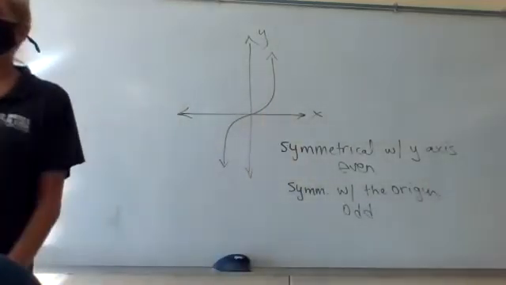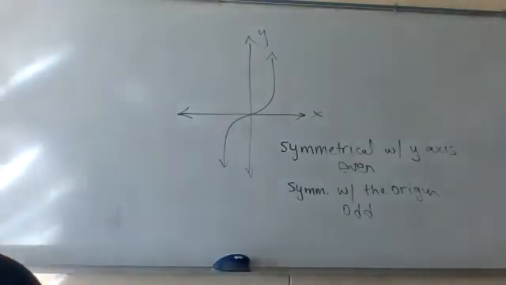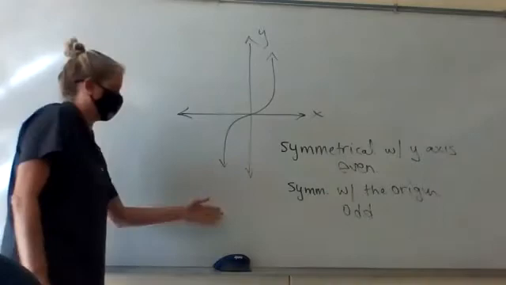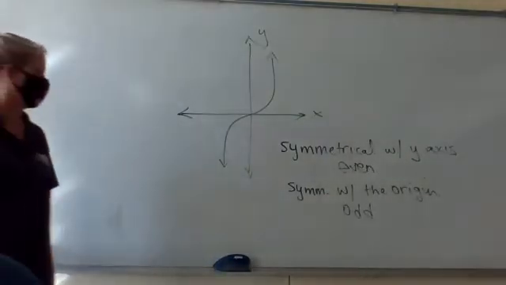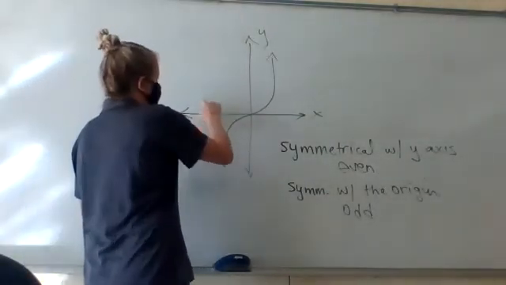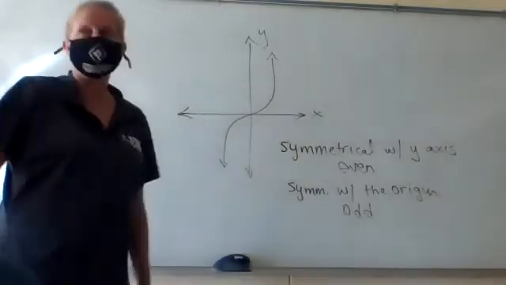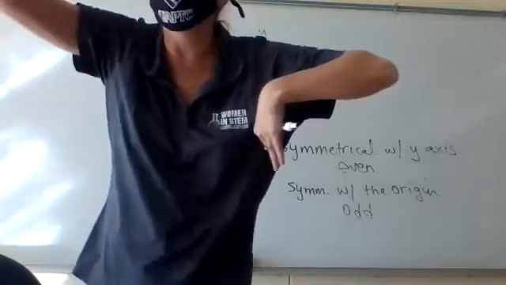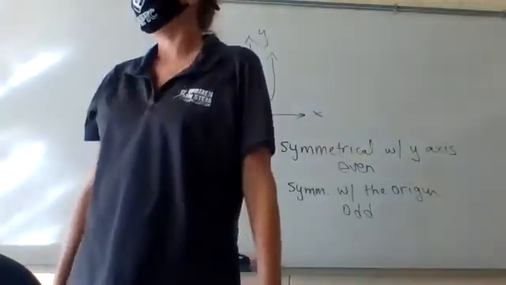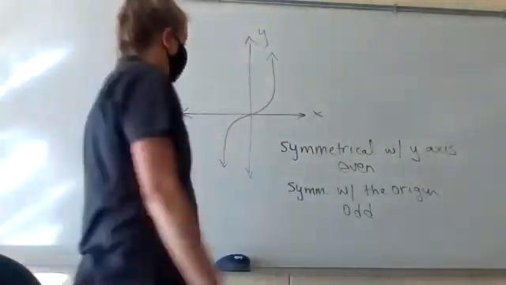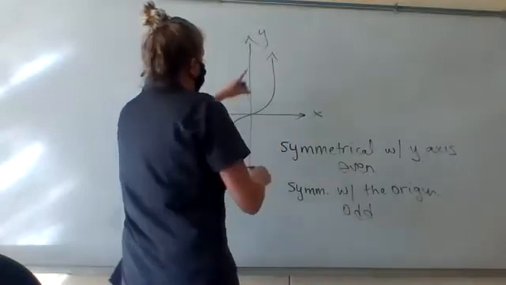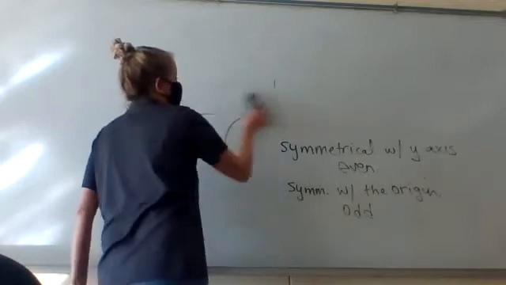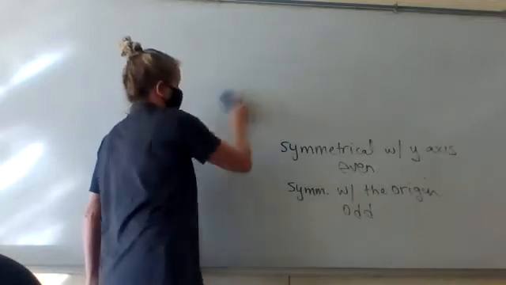Is like the x cubed function. If I rotated, there's several different ways. It's harder to see something that's symmetrical with the origin or an odd function. But if I rotated this 180 degrees, it would lie on top of the other half of it. Or if I turned it upside down, it would look the same on the top and the bottom. So again, one is even and one is odd. If it's not either one of those, then it is neither.